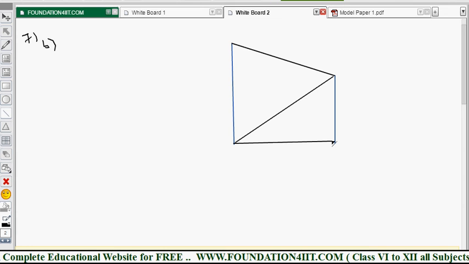Join these straight lines. So take the given data. Let ST be the tower, and this is the pole. It is given 20 meters, PQ.